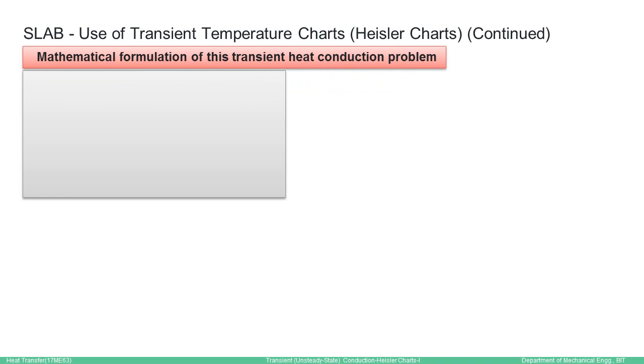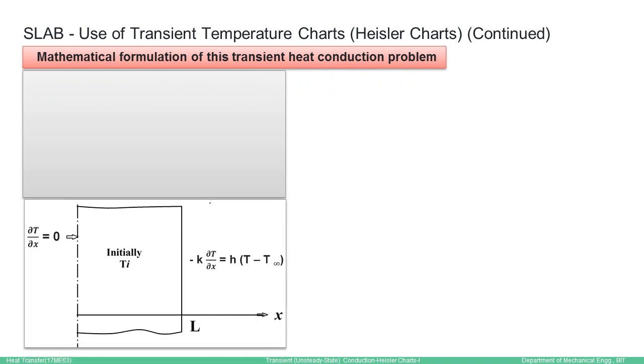Mathematical formulation of this heat conduction problem. Let us recall the general heat conduction equation, from which for one dimensional unsteady state heat transfer without internal heat generation, the differential equation of temperature distribution is dou square T divided by dou x square equal to 1 by alpha dou T divided by dou t, where capital T is temperature, small t is time, and alpha is thermal diffusivity.